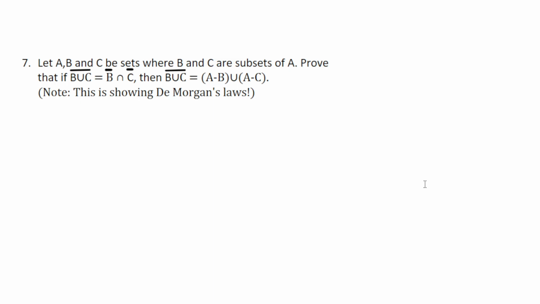So we have, let A, B, and C be sets where B and C are subsets of A. So we need to prove that if the complement of B union C equals the complement of B intersection complement of C, then the intersection of B union C equals the difference of A and B union the difference of A and C. And if you remember De Morgan's laws, where De Morgan's laws was basically the complement of two sets can be split into the intersection or the union, whichever operation is going under, of the sets that are in the operation.